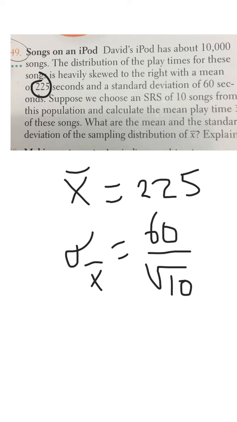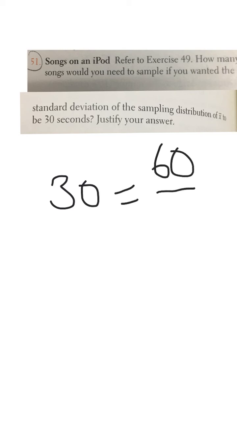Okay, next. If we want the new standard deviation to be 30, well, 30 would have to be the old standard deviation, which is 60, divided by the square root of, we don't know. So we would solve that problem. Let's see. I can just think about it and say, 30 is half of 60.